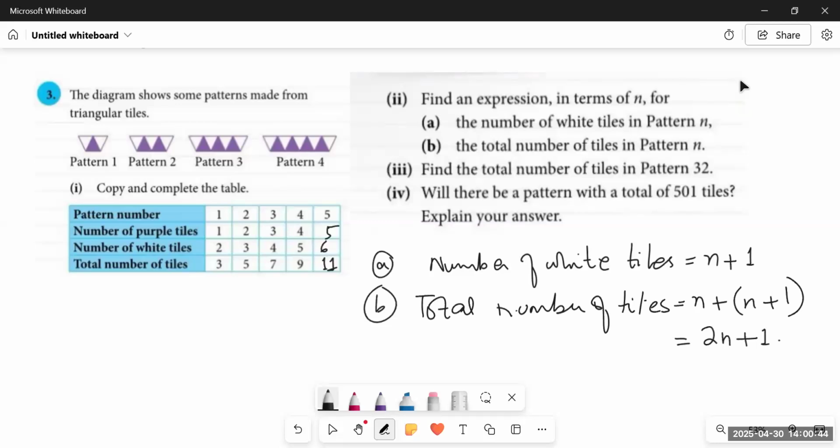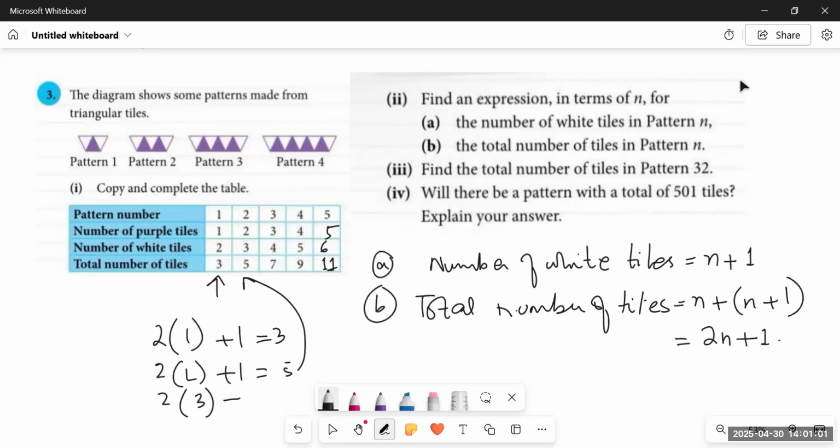Like if we talk about pattern number 1, there are two ones are 2 plus 1 is equal to 3 tiles. You see, in pattern number 2, there would be 2 2s are 4 plus 1, 5 tiles. In pattern number 3, there would be 2 3s are 6 plus 1, 7 tiles.